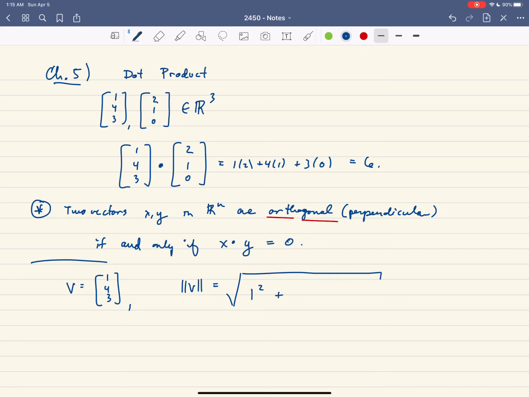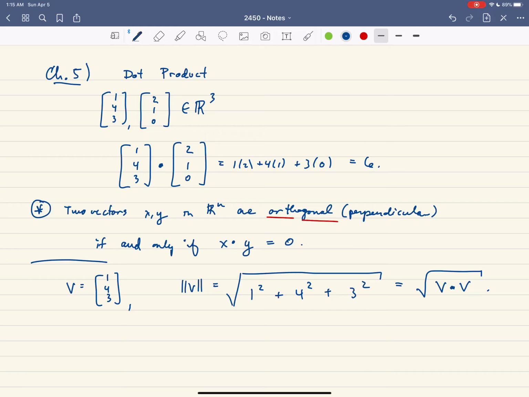So 1 squared plus 4 squared plus 3 squared. And then we take the square root of that. And of course, this 1 squared plus 4 squared plus 3 squared, we can actually think of as v dotted with v. Okay, so that's the one way to get the length of a vector. You just take the square root of the dot product of that vector with itself.